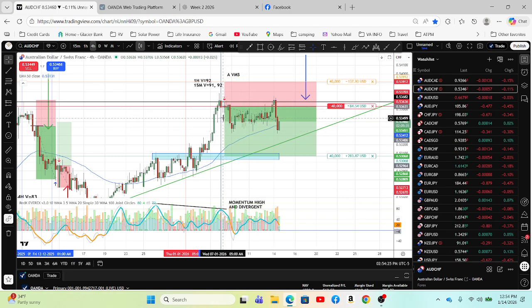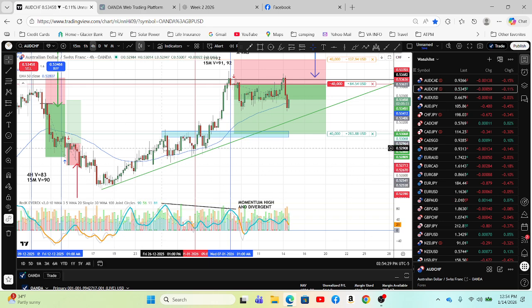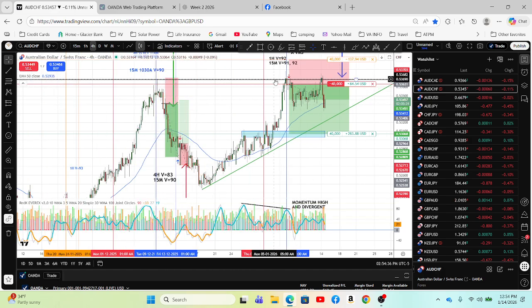So with this one, what happened? So we had a nice, this is not to me an impulsive move up, but we did have a strong move up. And this came into, although it hasn't been touched several times, an area zone where price reacted hard from.